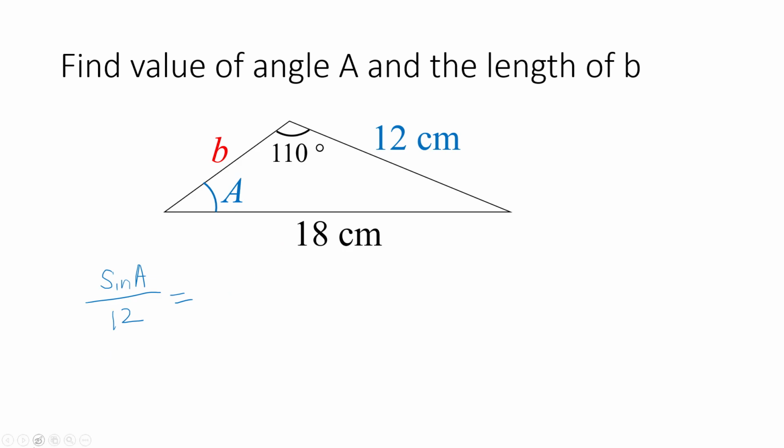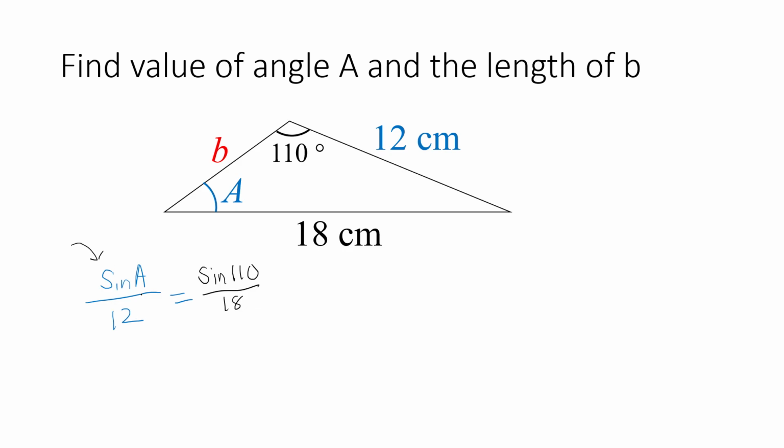It is the one in black color ink. So let me change to black color ink. Is equal to sine 110 over 18. And like I said, because we place the thing that we want to find over here, it is actually quite simple.